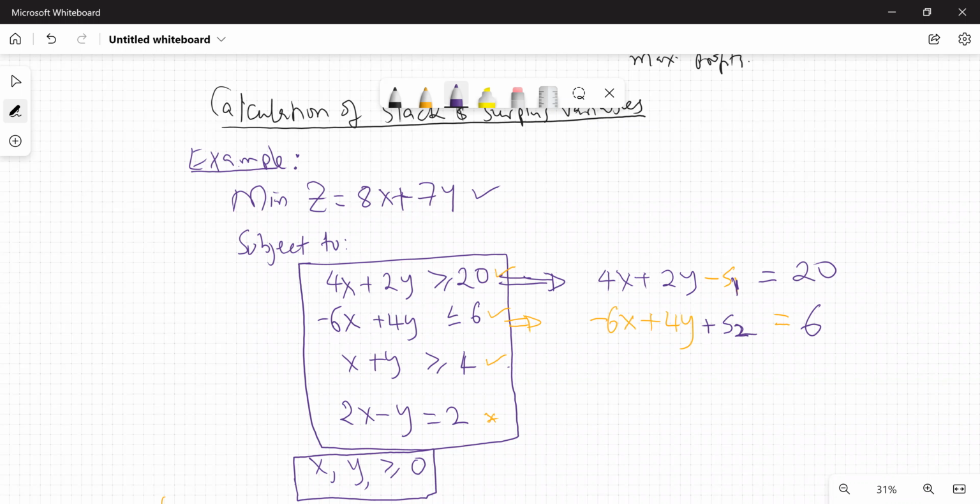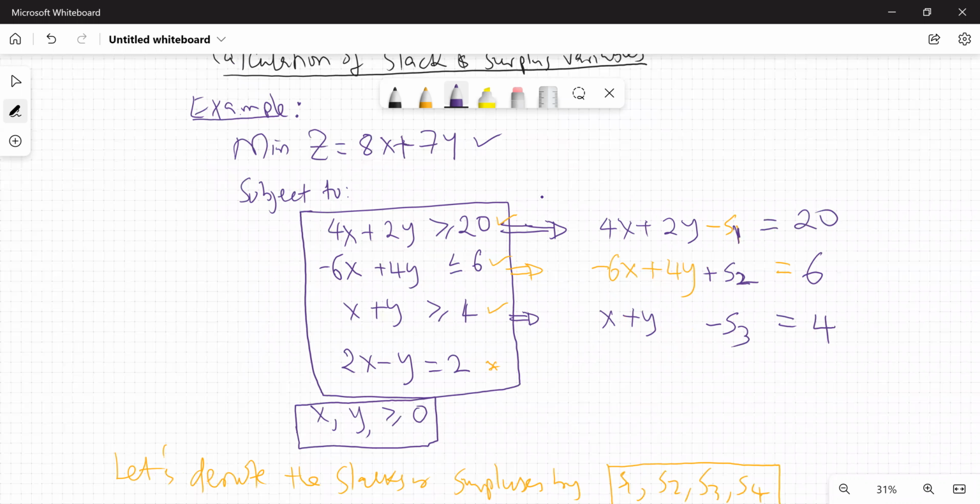And in a similar way, we are going to convert this one. So this will be x plus y. We want to make this one equal to 4. And we are saying the left-hand side is greater or equal to 4, meaning that it is either 4 or 5 or 6, increasing like that. So for us to bring it to 4, we must take away, so minus S3.